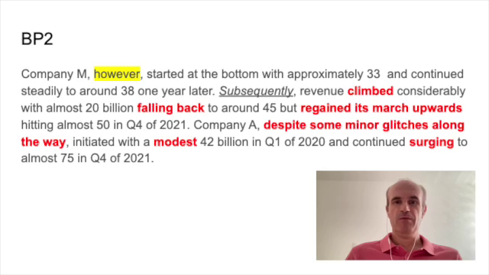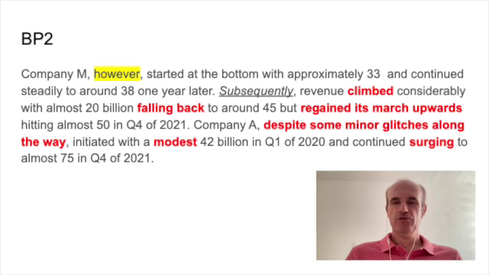Company M, however, started, past tense. I might use another word for started, right? Because now I'm repeating myself, and maybe it would be better to find another word. Initiated, perhaps. Started at the bottom with approximately 33 and continued steadily around 38 1 year later.